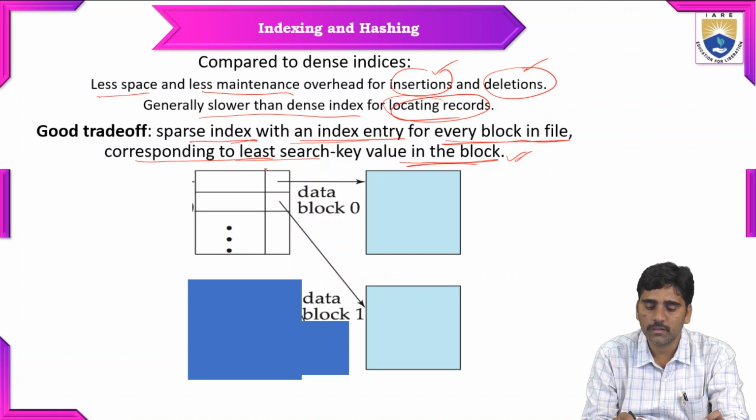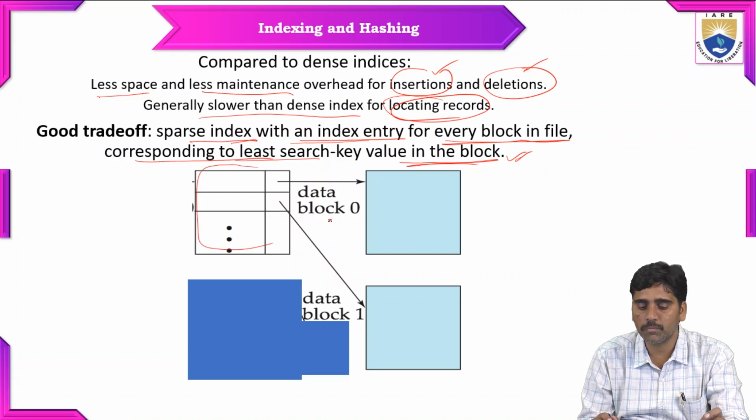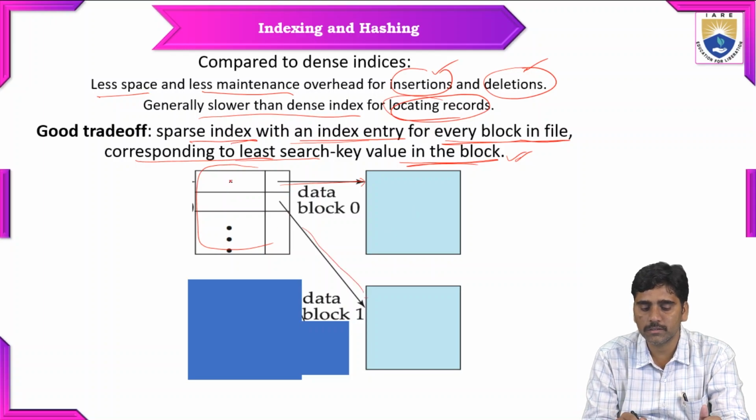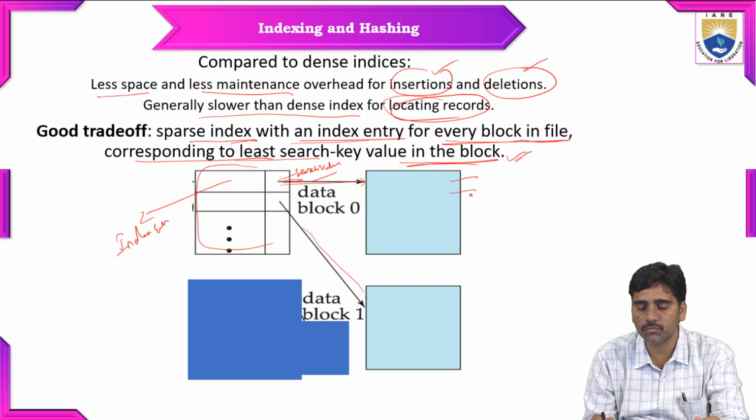So here this is taken as an example which contains data block 0 and data block 1, and this is all about index entries. So this index entry is nothing but the search key value. The search key value in this block will correspond to at least one data block.